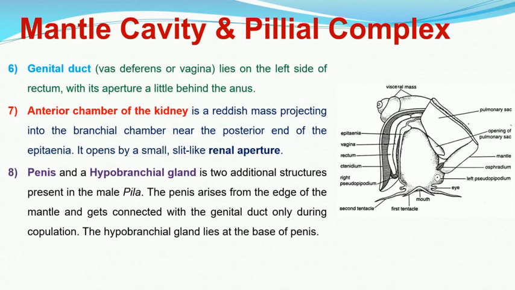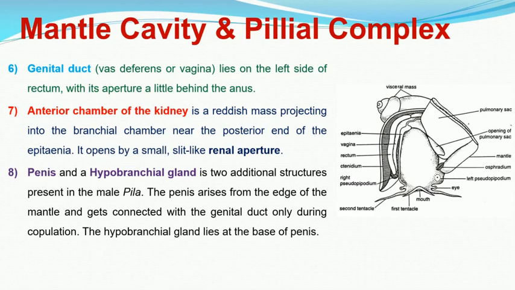The last important organs are the penis and the hypobranchial gland, but these are present only in the male pila. Since we have separate male and female, only in the male will you have the penis and hypobranchial gland.